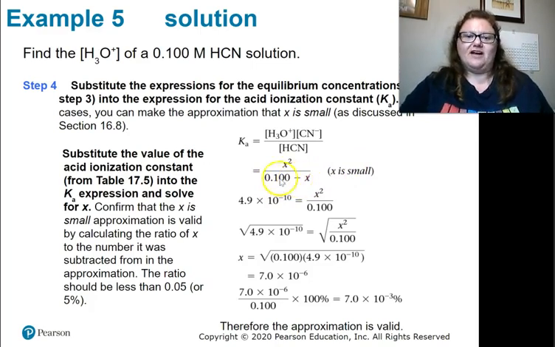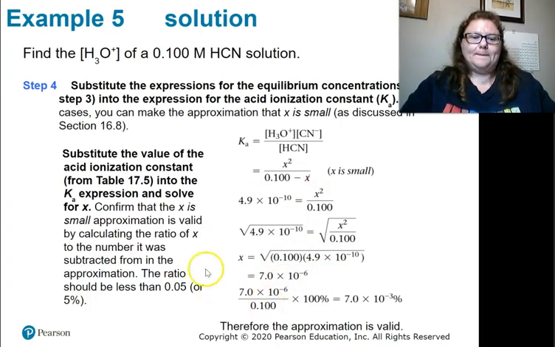That means wherever X is next to a 0.1, we're going to just take it out. So that simplifies the algebra a lot. So here we have just 0.1 now. The minus X has been neglected, it's out. That leaves us with just X squared. We're going to square root both sides. We're going to simplify, and we're going to get 7.0 times 10 to the negative 6.